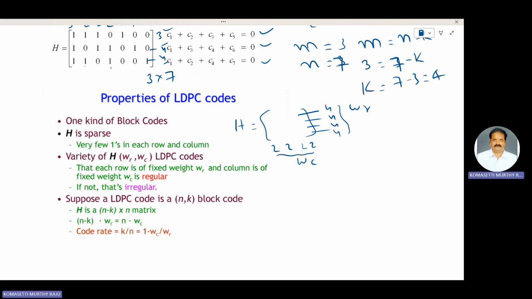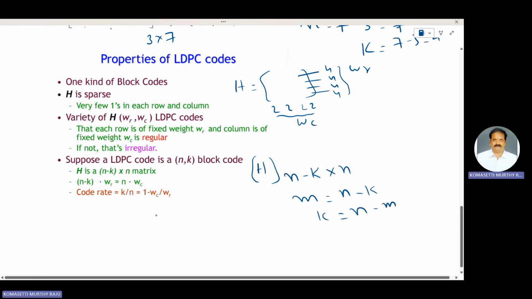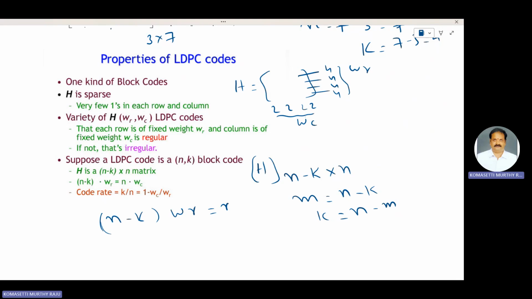Suppose the LDPC code is an (n, k) block code. The dimensions of H are (n minus k) cross n, where m is equal to n minus k. The number of ones in the matrix: (n minus k) times WR is equal to n times WC.